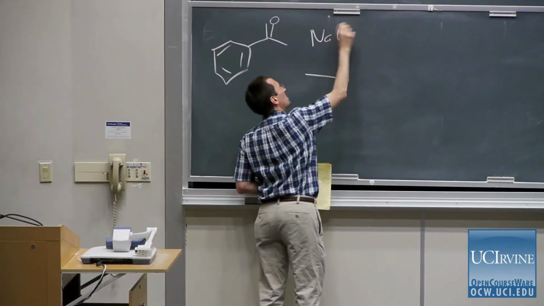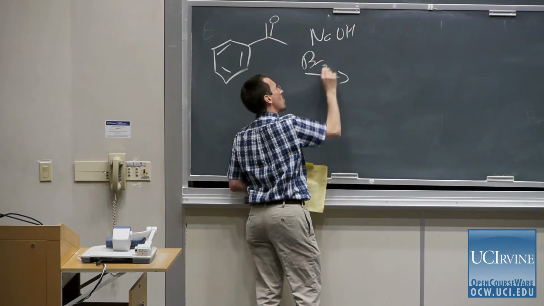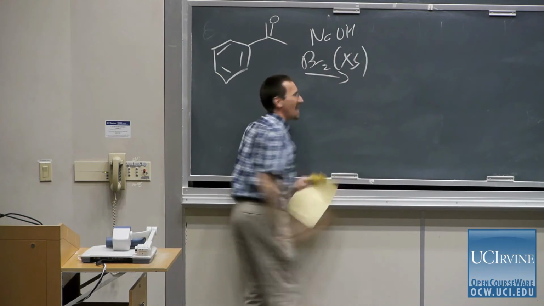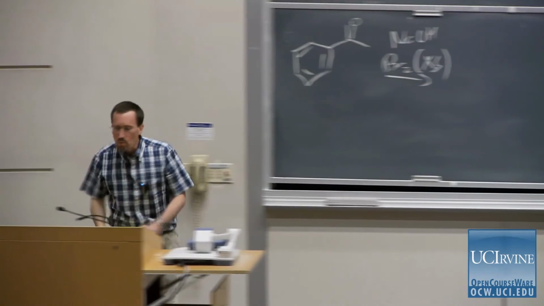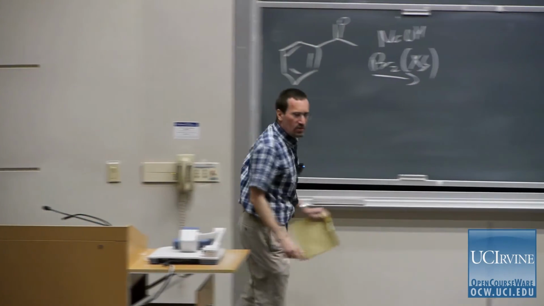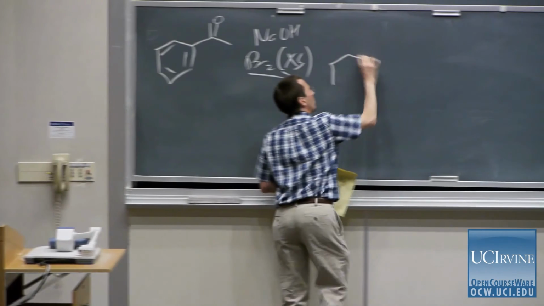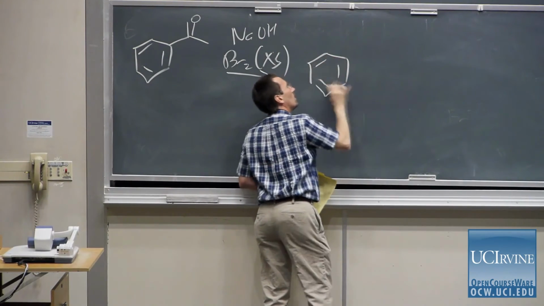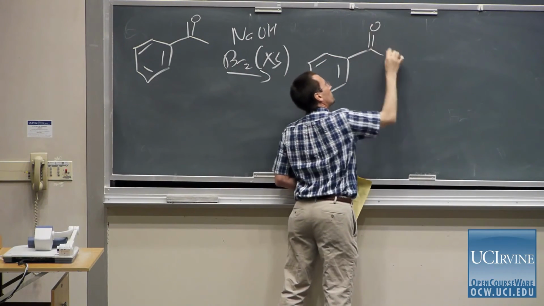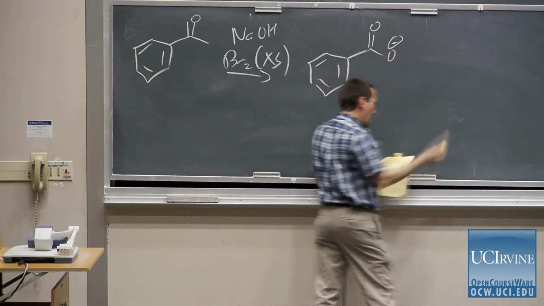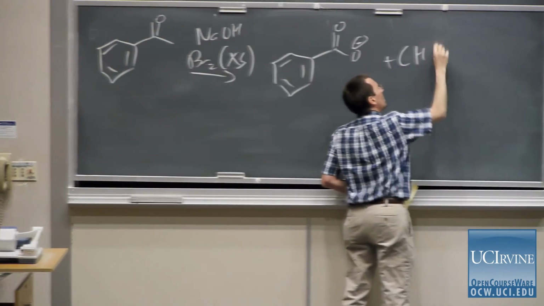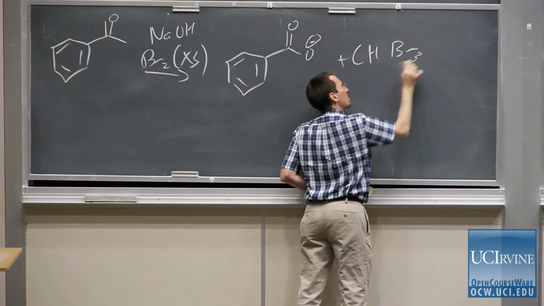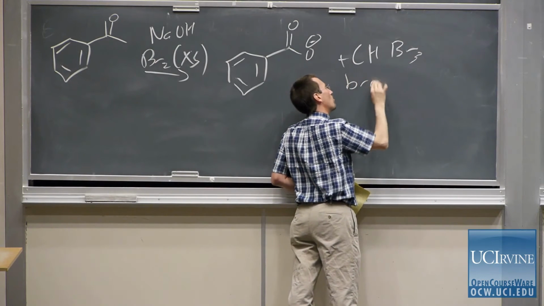We'll treat this with sodium hydroxide and bromine, and again, I'll write XS. And now what's really wild is we break a carbon-carbon bond. We get the carboxylate and CHBr3, which is called bromoform.